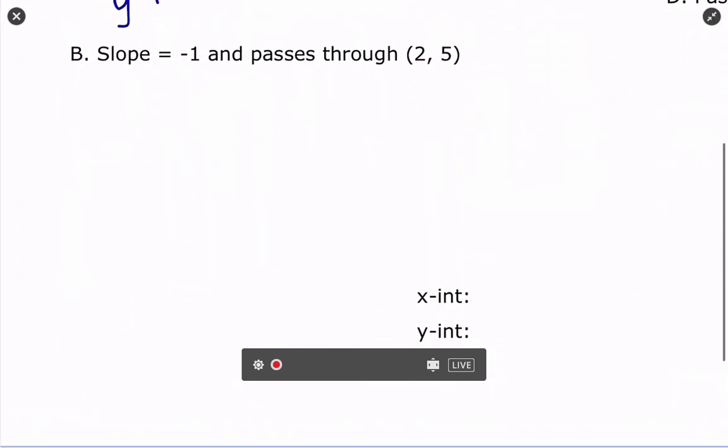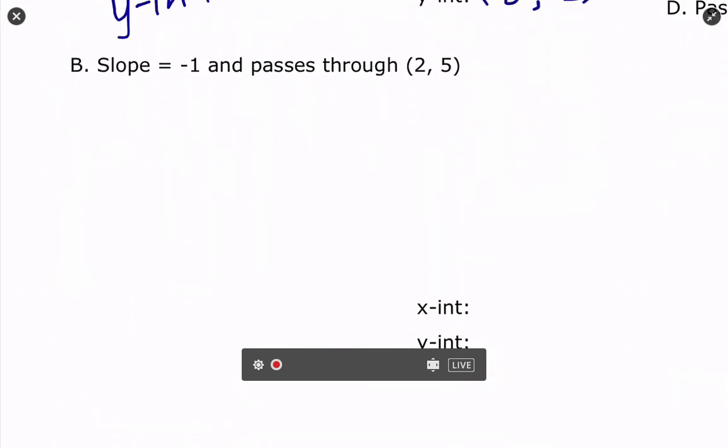Let's try it again. So I know I'm trying to write y equals mx plus b. I already know m because it's given here, but we need to find b. So in order to do that, I have to plug in.